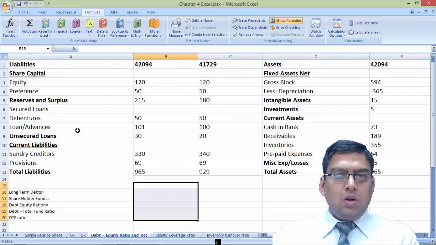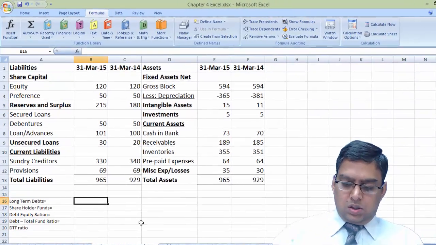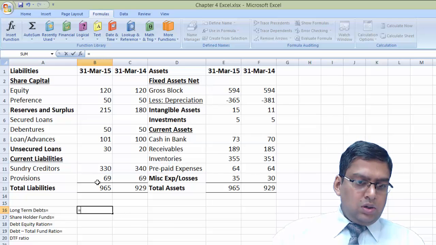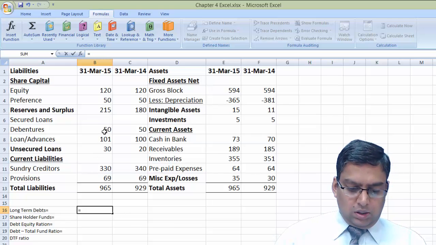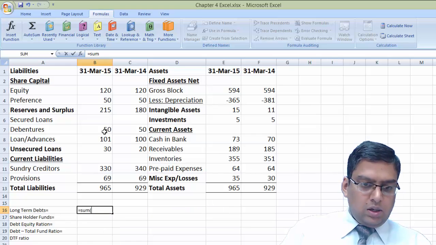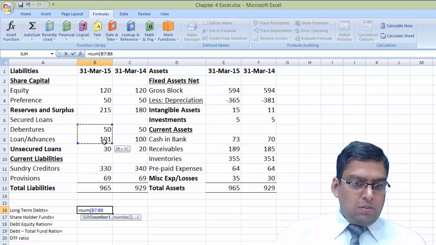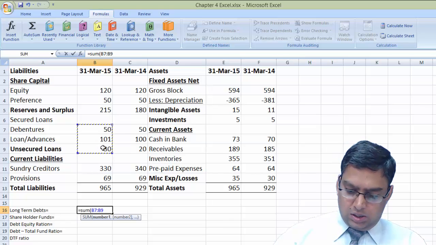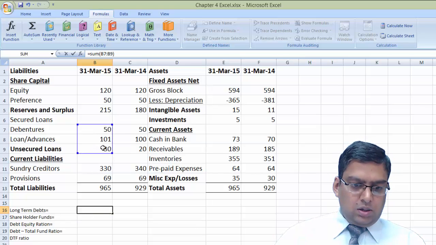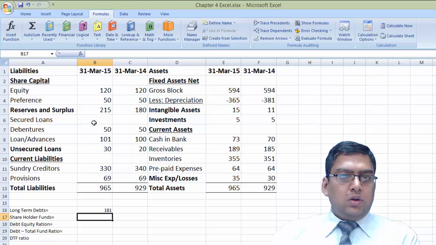Let's take an example. Long term debt equals the sum of secured loan and unsecured loan, that is B7 to B9. Output is 181.